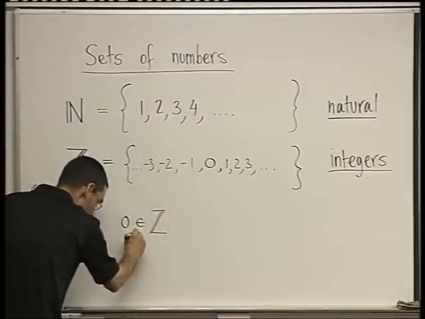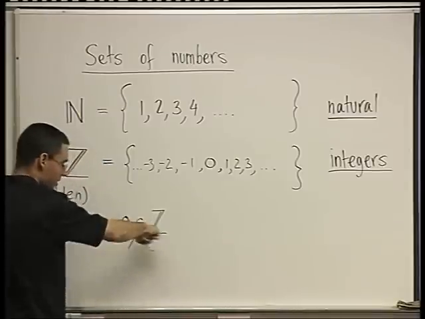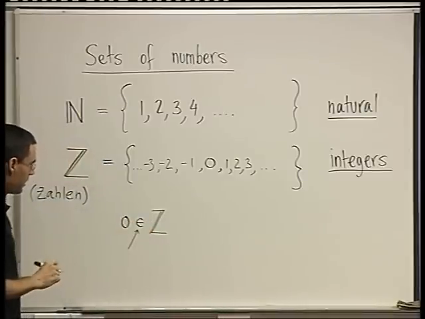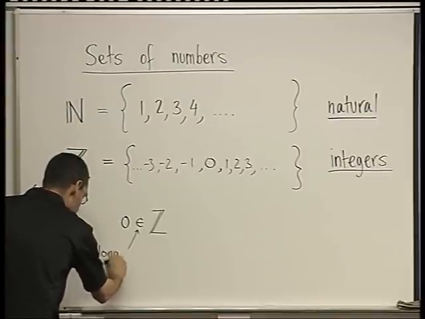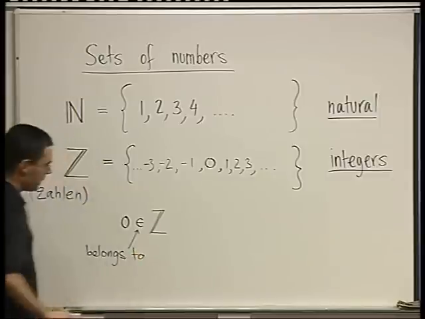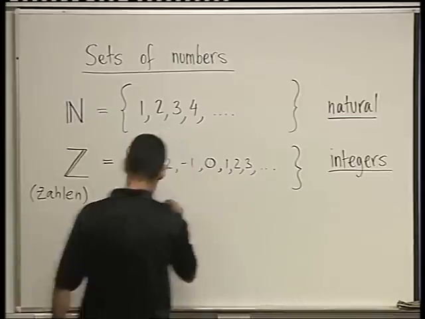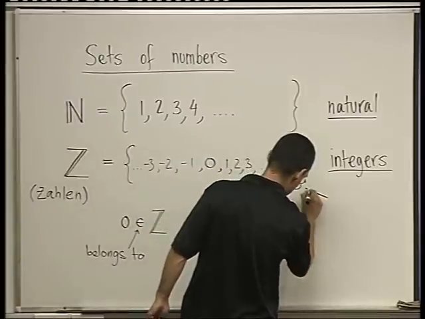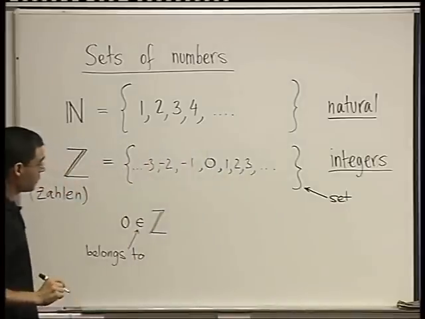So, for example, 0 belongs to the integers. This little symbol, which looks like a lowercase c with another line in the middle, means belongs to. That's the meaning of this little symbol. So 0 belongs to the set, remember that this denotes a set, belongs to the integers.